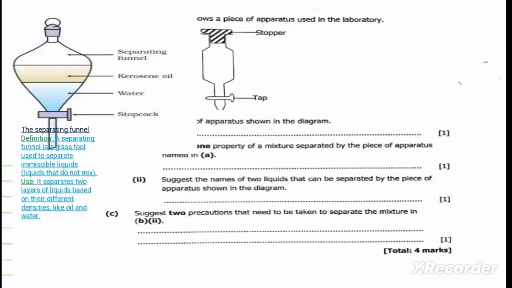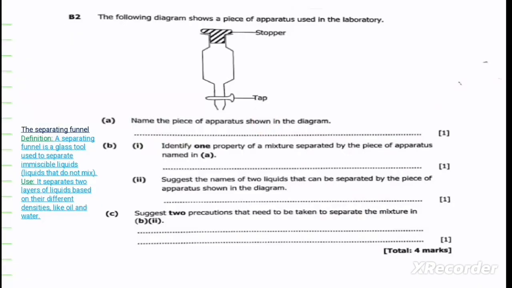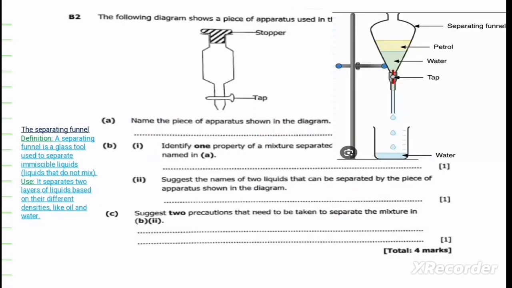Alright. So apart from this diagram, we can also bring up this diagram. Right over here we have a separating funnel. In this separating funnel, we have petrol, water, and then we have the tap. So we are separating water and petrol.